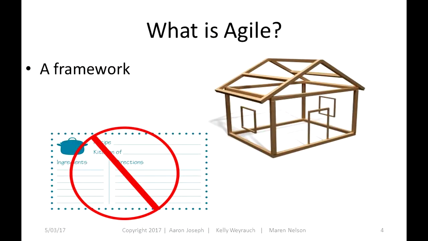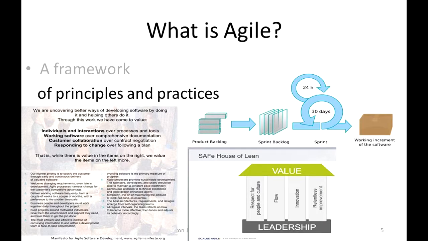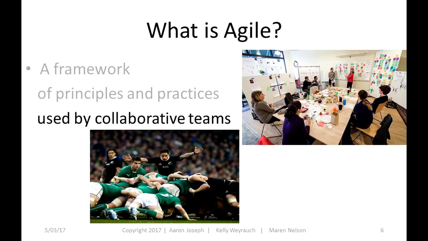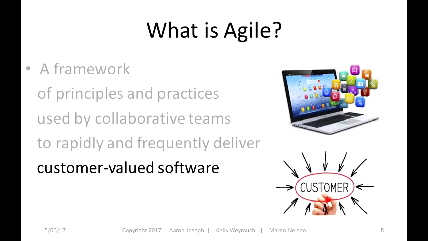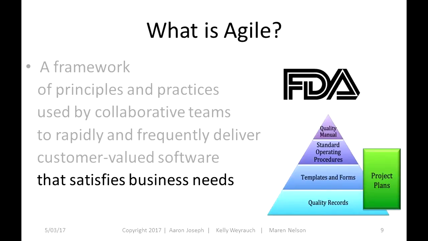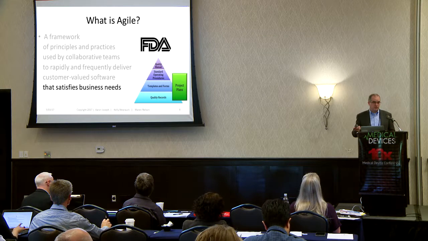Agile is a framework, and it is principles and practices used by collaborative teams. And the team part of Agile is very important. Strong teams are crucial to a successful Agile implementation that rapidly and frequently delivers customer-valued software to meet business needs. And for a medical device company, crucially, that includes regulatory compliance.